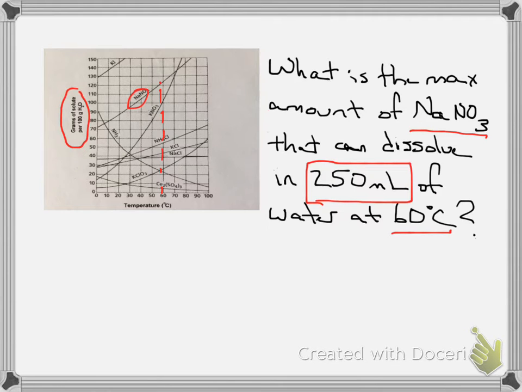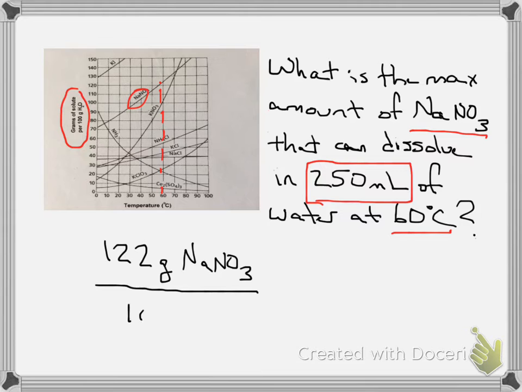So we're going to call that, we'll say 122 grams or something like that. I'm a little bit off, but you get the idea. We know 122 grams of sodium nitrate will dissolve in exactly 100 grams of water.